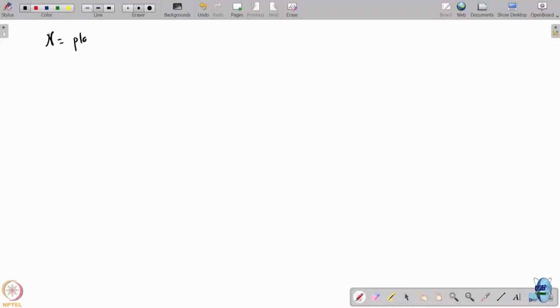So, now suppose I give you a game like this, you have n players, this is your set of players, 1 to n. Earlier we were taking that each player has finitely many strategies. So, now I am going to allow for infinitely many strategies for the player.